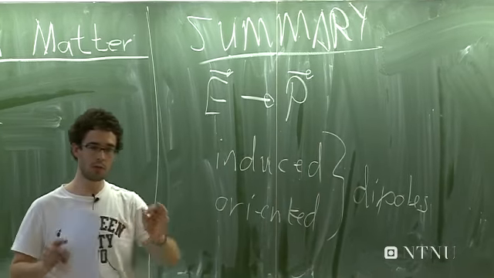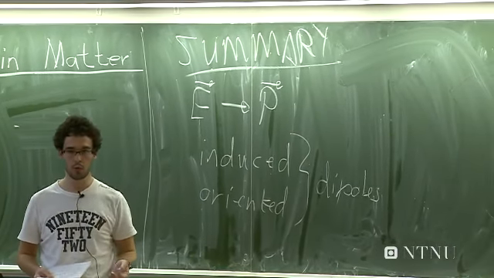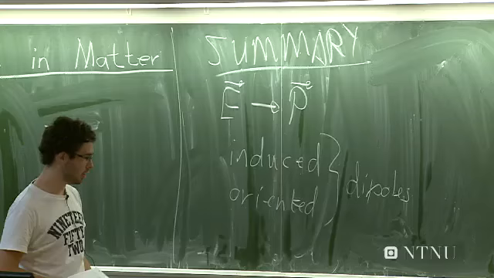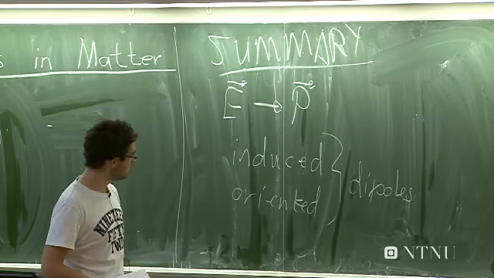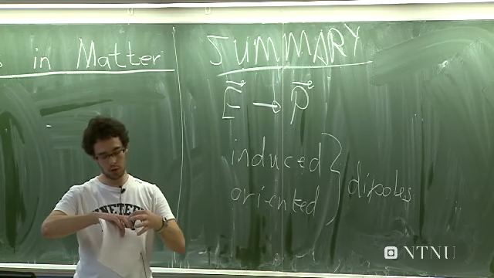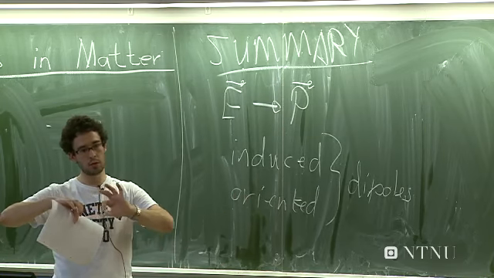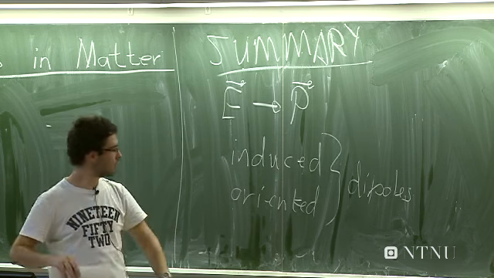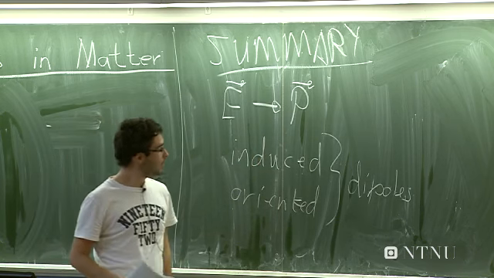So either we orient some polar molecule, a molecule that is already polar in nature, like hydrogen chloride, alcohol, water, or we just induce something. Let's say we have a neutral atom, but the nucleus and the electron cloud are pulled in different directions by the E field, and this is the induced effect. Okay?